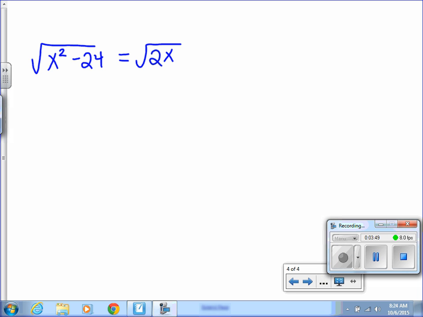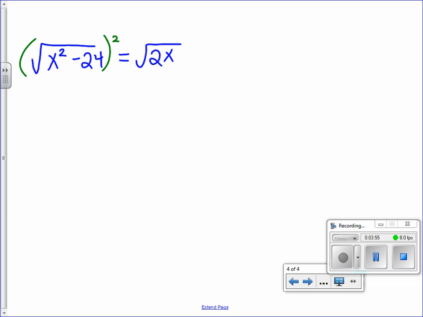Alright, what do I need to do? Square both sides. X squared minus 24 equals 2x. Subtract 2x.